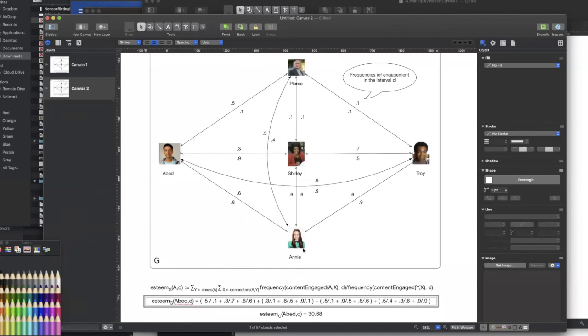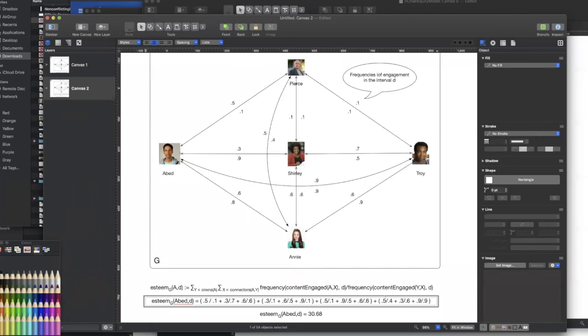So that component. I want to look at how often Pierce listens to Abed. That's 0.5 over how often Pierce listens to Annie. I think I have these numbers flipped around in terms of the convention. So it should be the 0.4 and the 0.5 should be up top. But I noticed the way I've written it here.